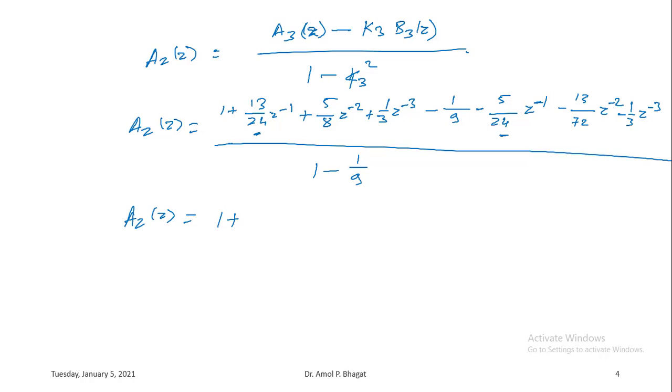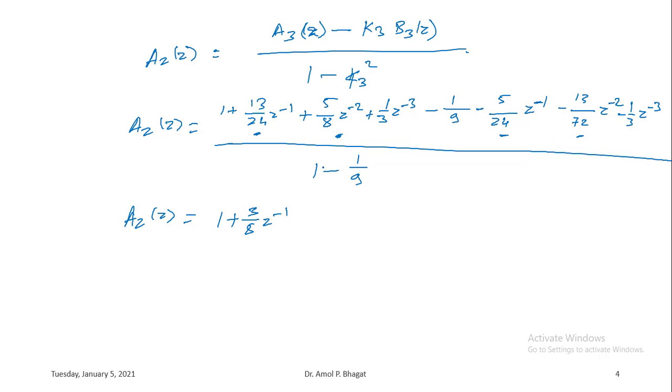So if you invert it, it will be 9 by 8. So basically 3 3s are 9, so 3 by 8 z inverse will be there, right? And then again this 5 by 8 z to the power minus 2 and minus 13 by 72 z to the power minus 2.